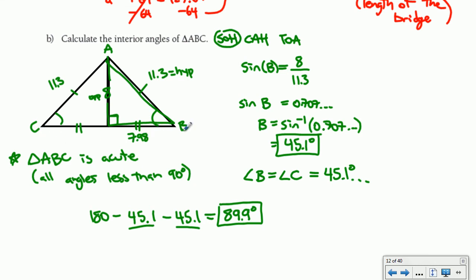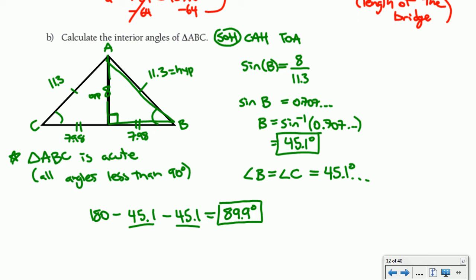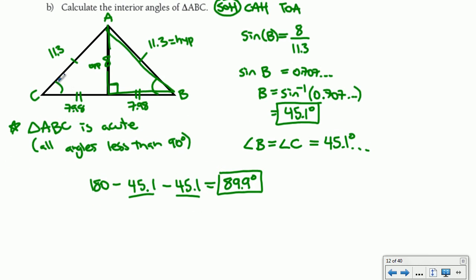So then that full length down here is 15.96. 15.96 isn't the same as 11.3, so we can rule out the fact that it's equilateral. But we could also rule out equilateral because the angles here aren't all 60. So the other thing we can say about triangle ABC is that it is isosceles.